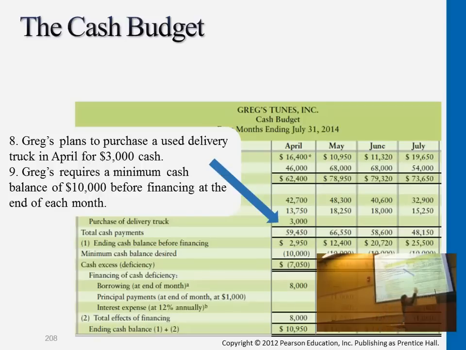And if the company has a threshold, a set balance that they want to have, a certain amount of cash on hand every single month, you compare the cash amount you have in each and every month, see if it meets that threshold. If it doesn't, like in this example, the company may decide to borrow money, but then later on, each and every month, they may need to pay installments and also interest on it.